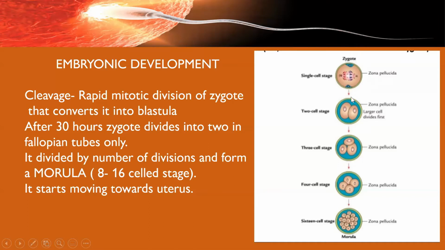So the overall size of the blastula has not increased, though the number of cells has increased. What does it mean? That the nuclear content is increasing, but the cytoplasmic content is decreasing.